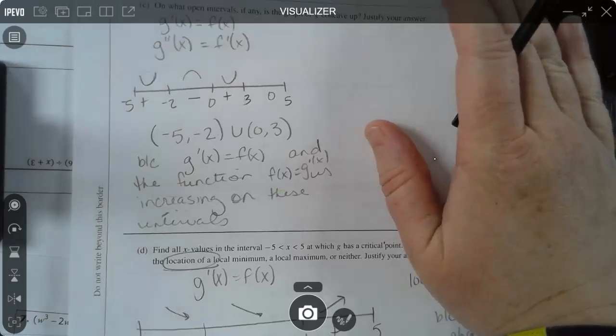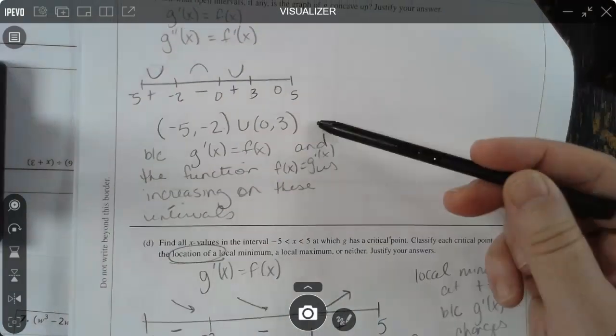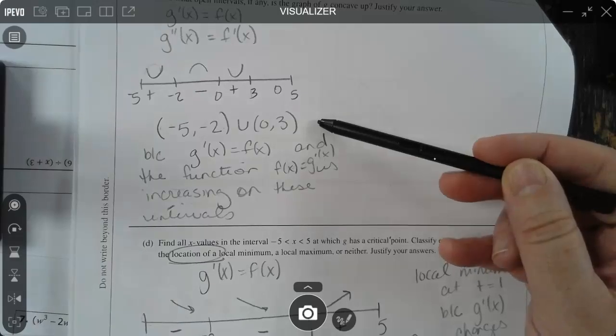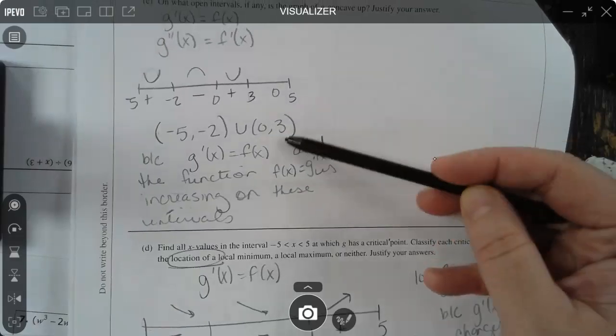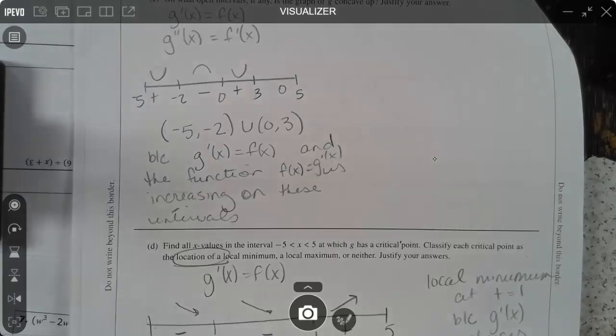I did my little sign analysis, but remember, that's not enough for your justification points. You have to give a written explanation. So I said because the derivative is equal to f of x, and the function is increasing on these intervals, that's why the concavity is up.